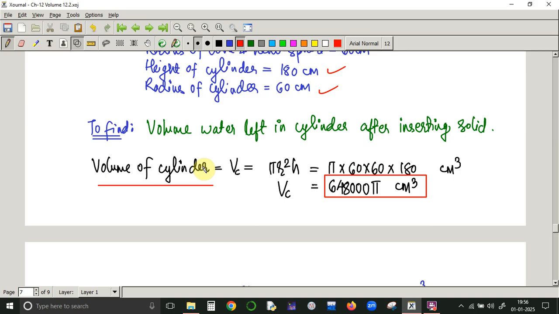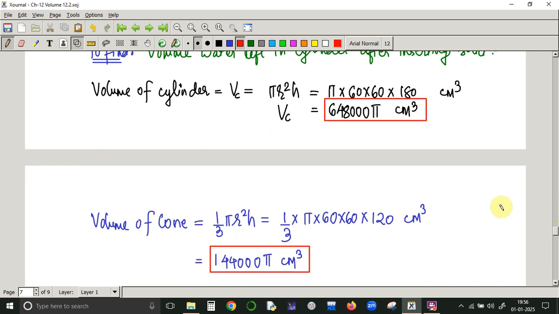Vc is equal to pi r square h. Put the values. Keep the answer in pi. If required, we will replace the pi in the end. Let's not worry about this pi. So do the multiplication. You will get 6,48,000 pi centimeter cube is the volume of cylinder.